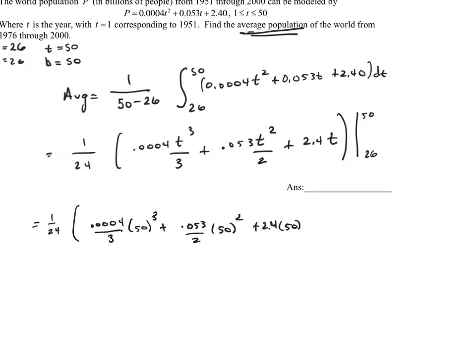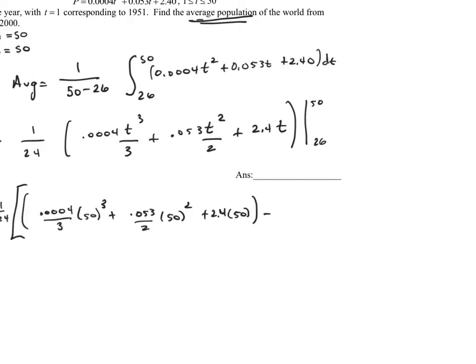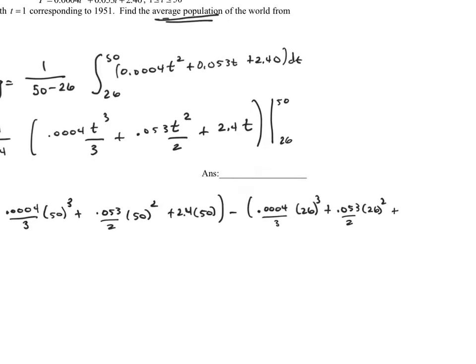All right, that's our first number. Then we need to take that number and subtract from it, plugging in 26 into the exact same thing. So this would be, and make sure you use parentheses, 0.0004 all divided by 3 times 26 cubed plus 0.053 divided by 2 times 26 squared, plus 2.4 times 26.